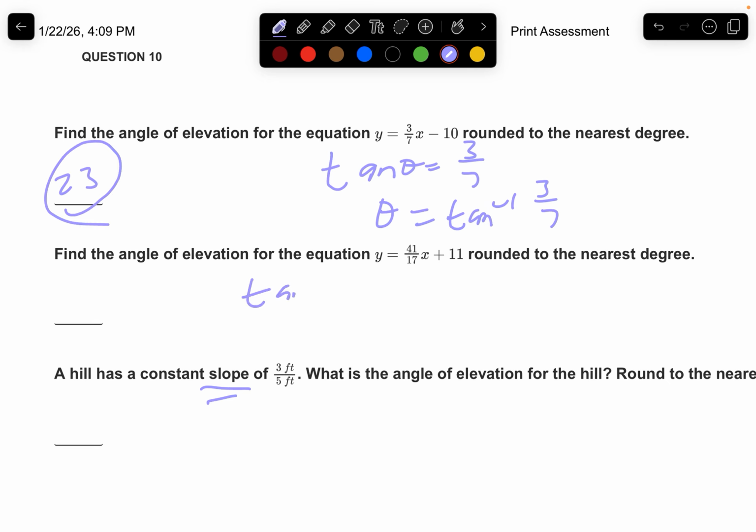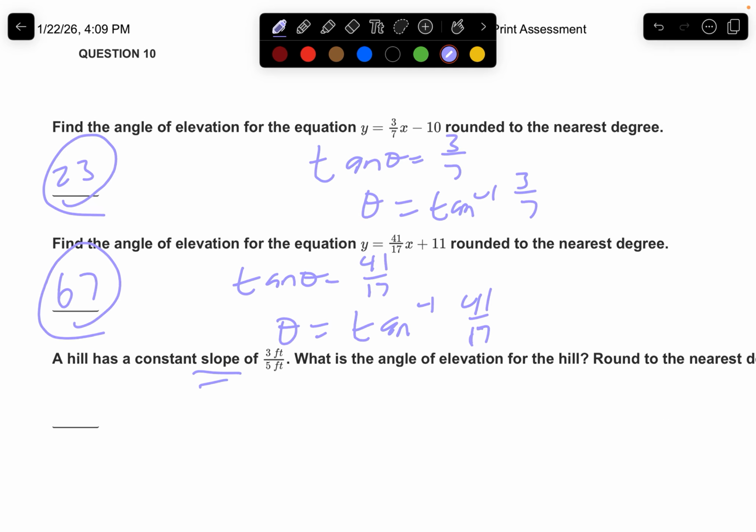On this one, tangent theta equals 41/17, so theta equals inverse tangent of 41/17. Oh gosh. What a day.